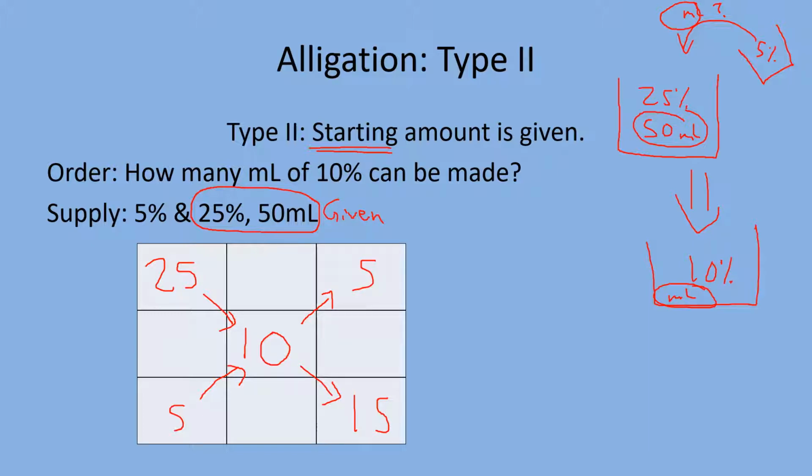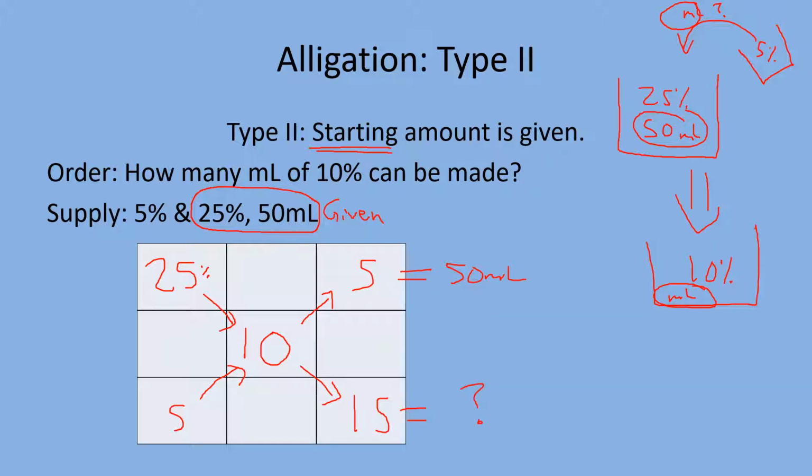So this is where all the similarities will end, and this is where you also want to stop. Right? So this is 25%, and that's going to equal 50 mLs. So as you recall, this is the 25%, and that means this 5 must equal 50 mLs.